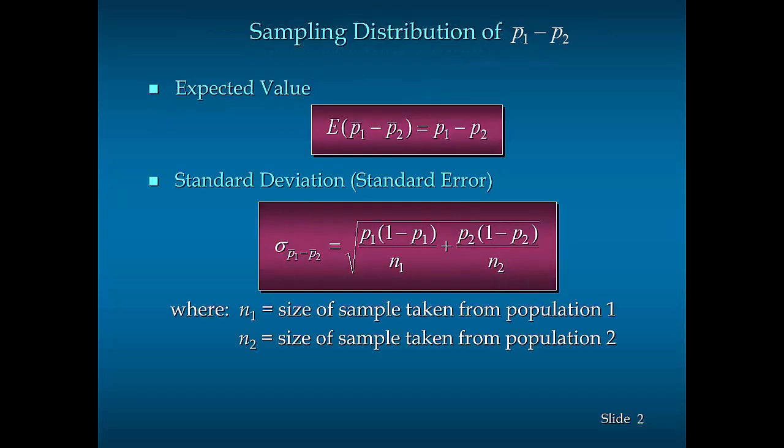So the sampling distribution of p bar 1 minus p bar 2: all we're saying here is that it's unbiased, right? So the expected value of the sample proportions is equal to the true difference in proportions, which makes it unbiased.